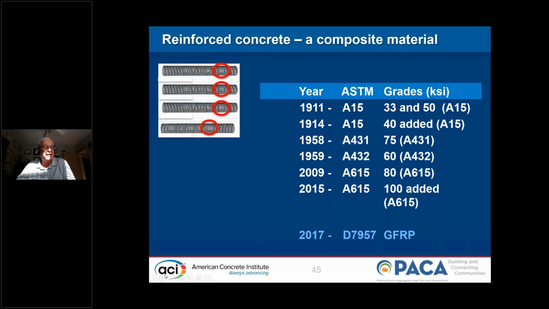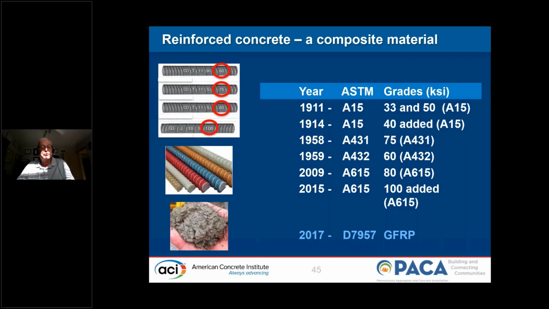Now it's concrete that is reinforced with steel rebar. And even the rebar has changed over time. Currently today, there are 4 grades of rebar commonly used in concrete construction: grade 40, 60, 80, and 100. And those grades are an indication of the KSI, or the tensile strength, of the rebar.